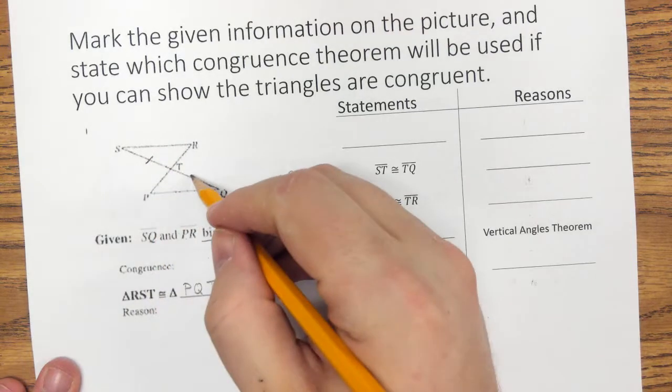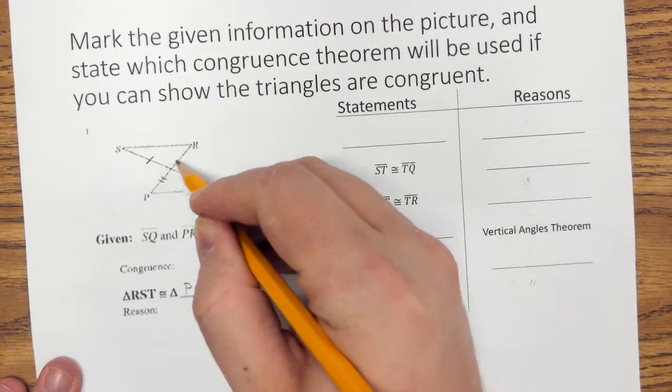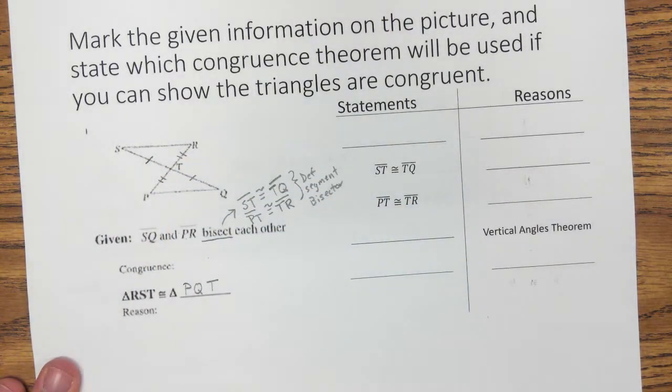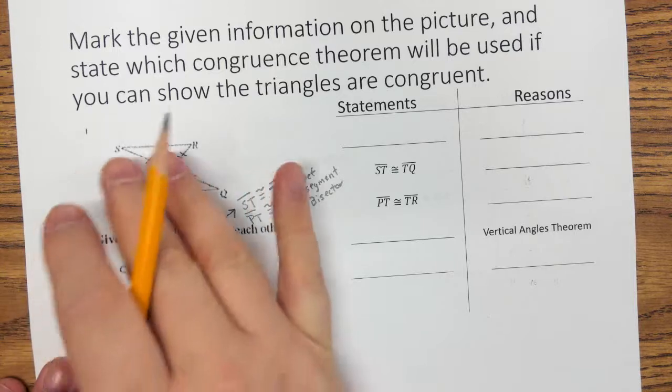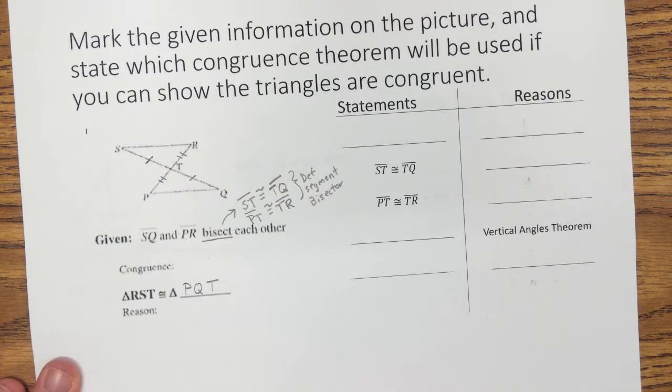So I know that this is congruent to that, and this is congruent to that. Okay. Well, I've got two sides, that means I've got a couple options now. I can try to do side, side, side, or I can do side, angle, side. Those are my two options when I have two sides.